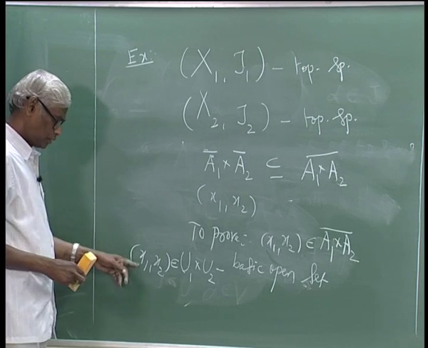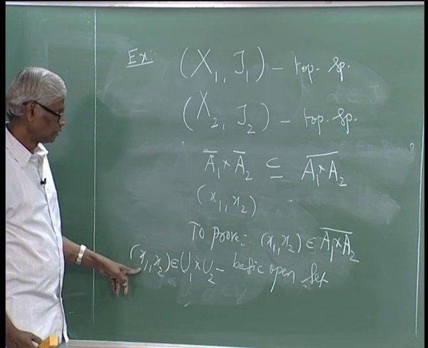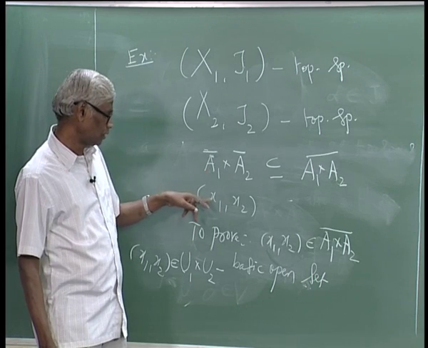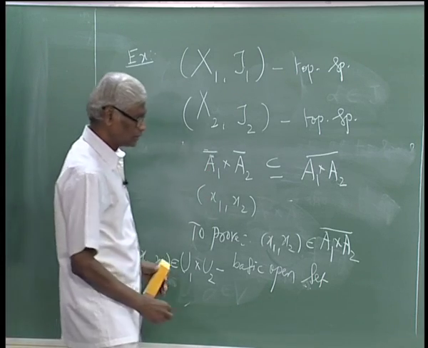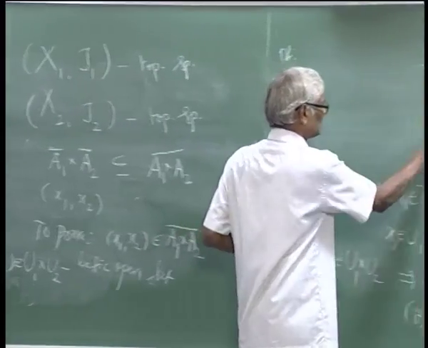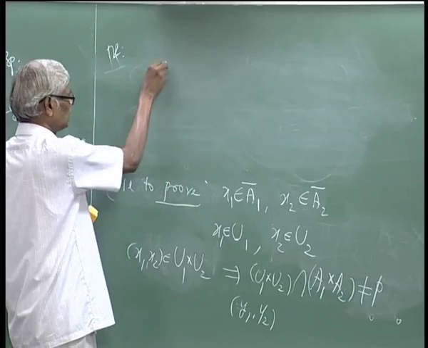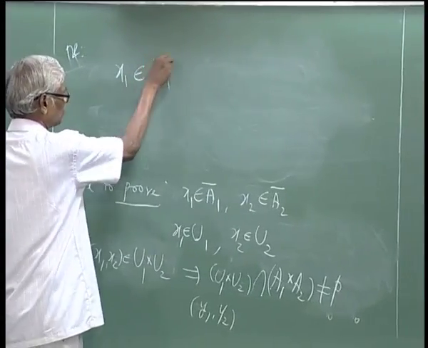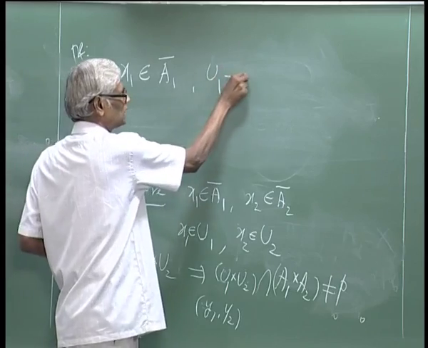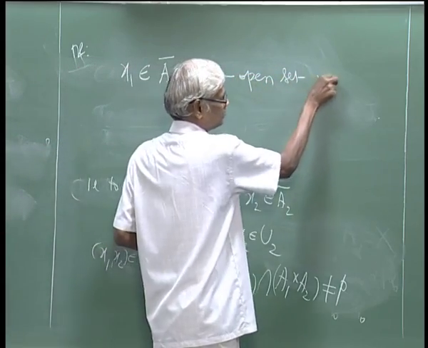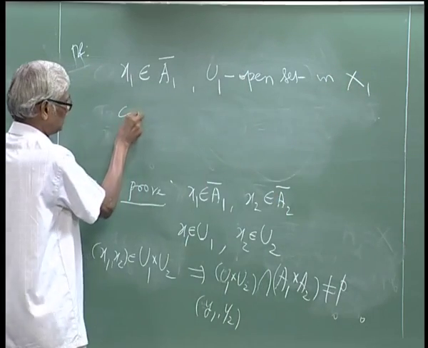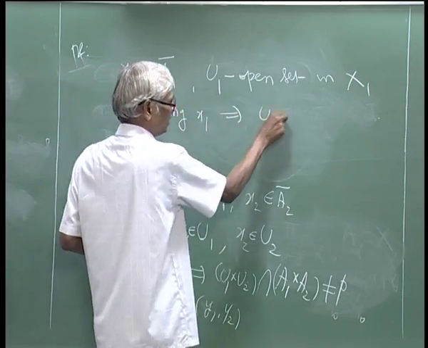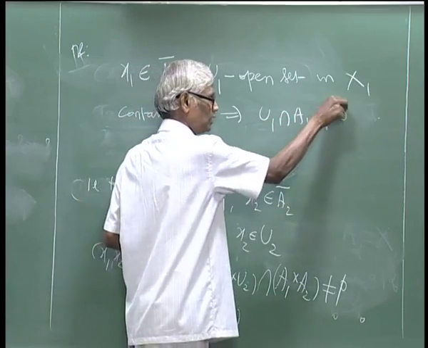That means now U1 is an open set containing x1, but we have taken x1 belongs to A1 closure, that will imply U1 intersection A1 is non-empty.